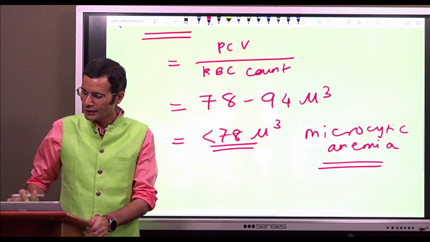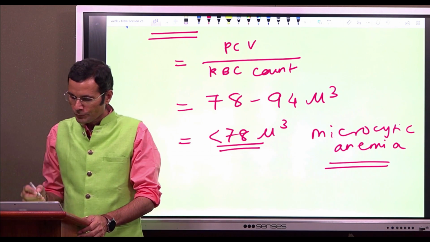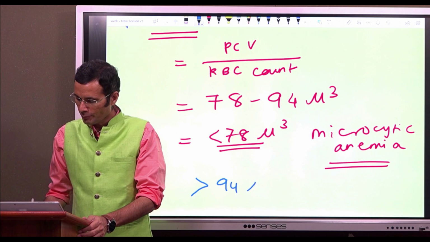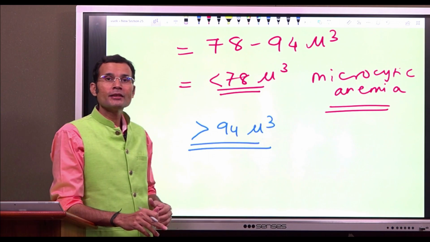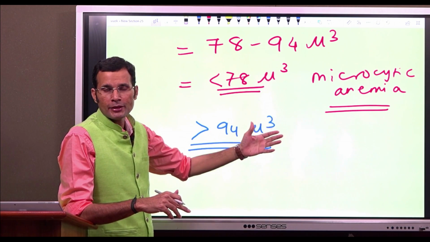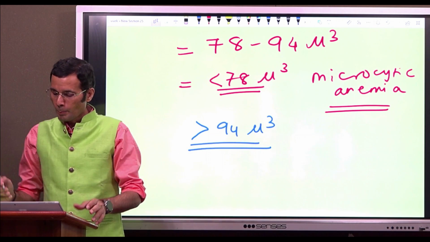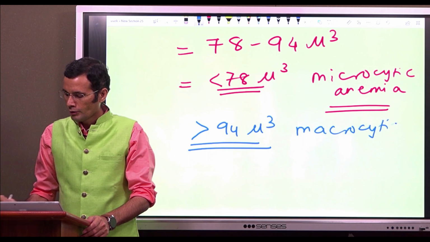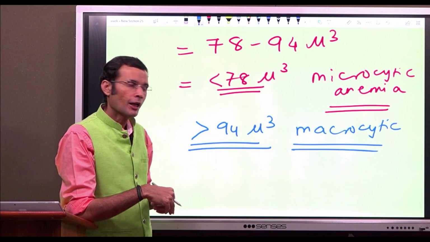So, iron deficiency anemia would generally present as microcytic anemia. And if it is more than 94 cubic microns, if the RBC size or volume is beyond its normal range, a higher value, then it's a macrocytic anemia. Macrocytic anemia, large cell size of the RBC.